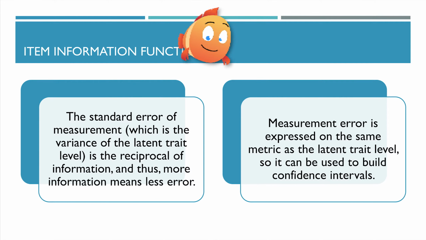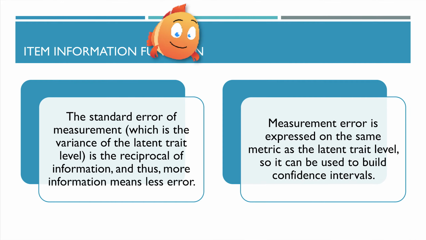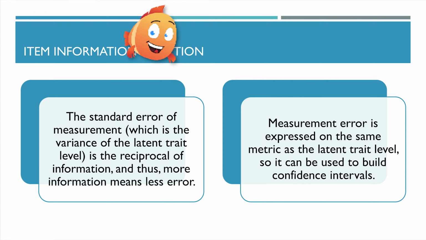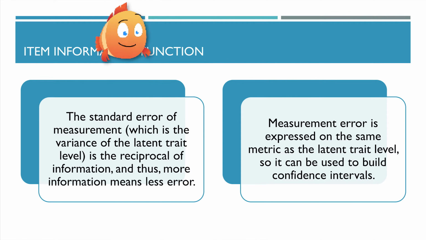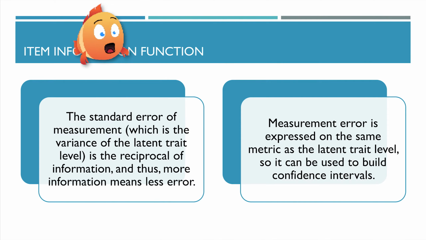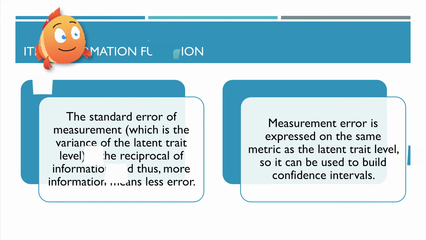So more information means less error. So the more informative your test is, the less uncertain your estimate is. Now, measurement error is expressed in the same metric as the latent trait level, so it can be used to build confidence intervals around our estimate.